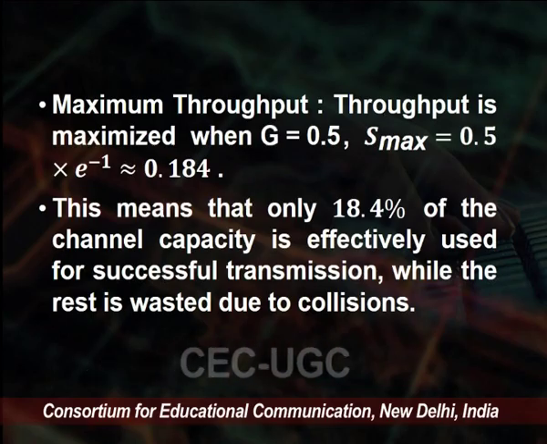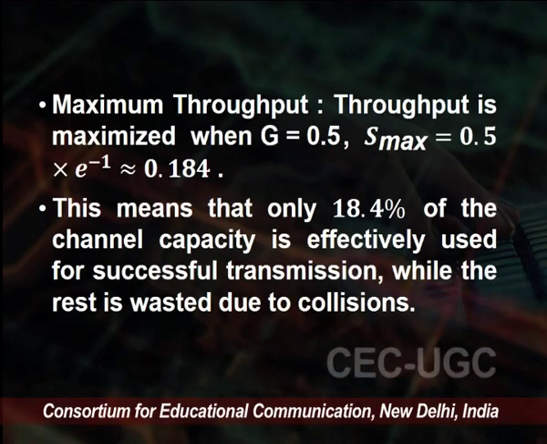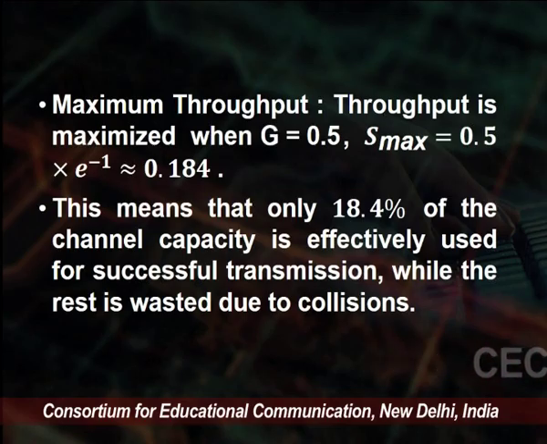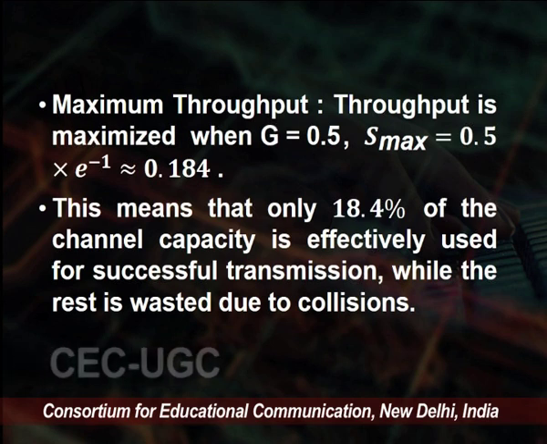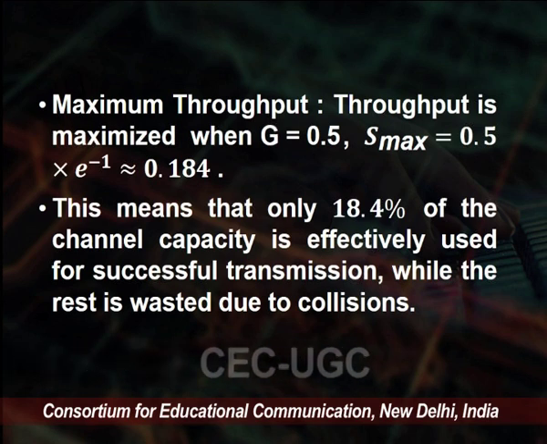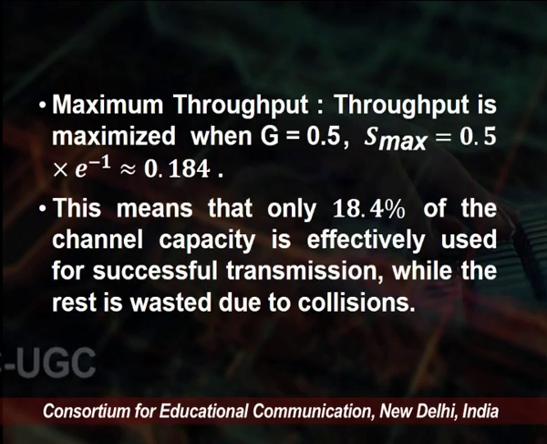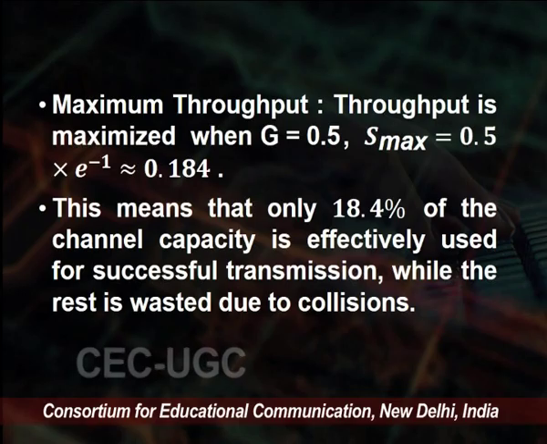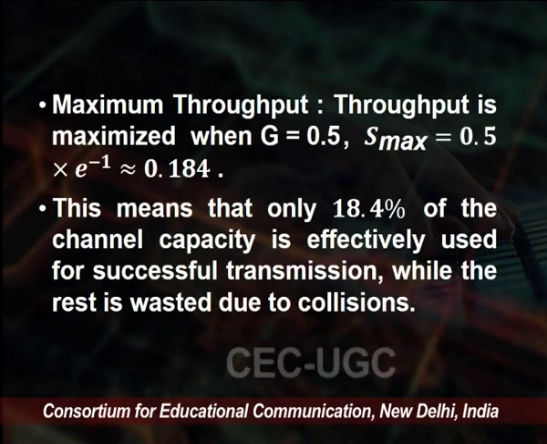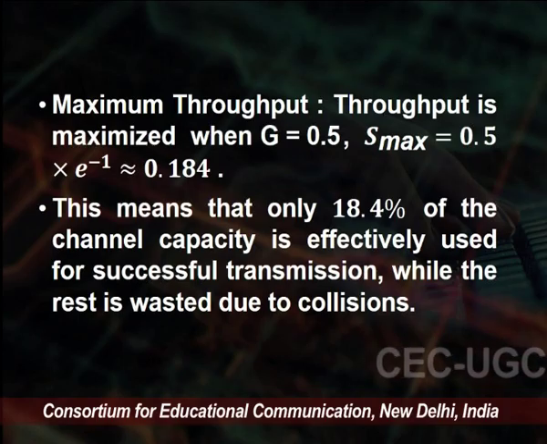Taking G equal to 0.5, your maximum throughput, S max, will be 0.5 into e to the power minus 2 into 0.5, which is e to the power minus 1. If you calculate this whole expression, it comes to 0.184.